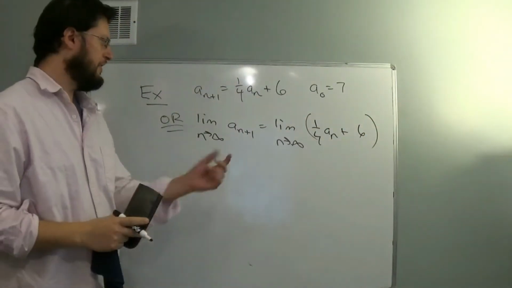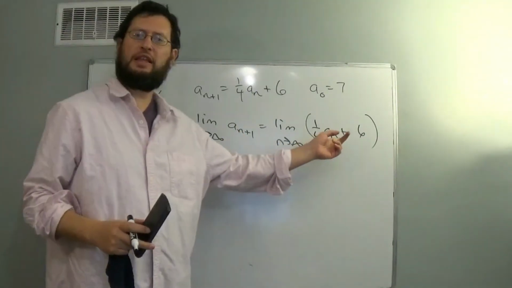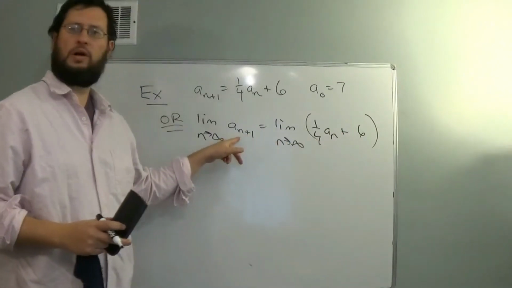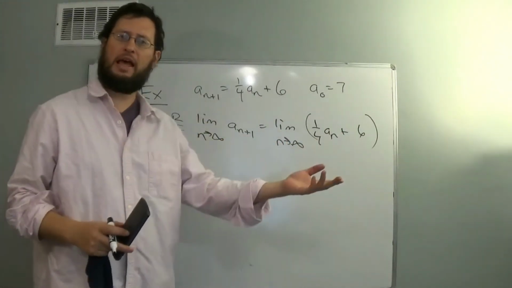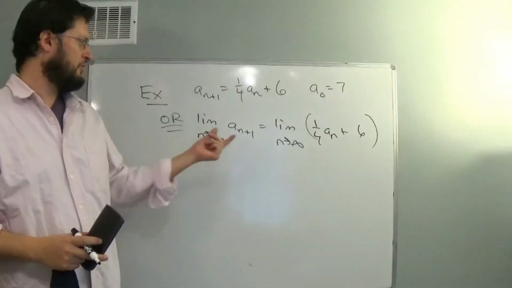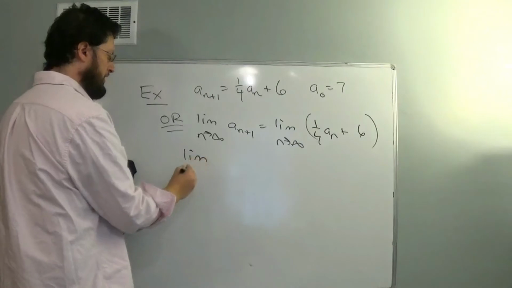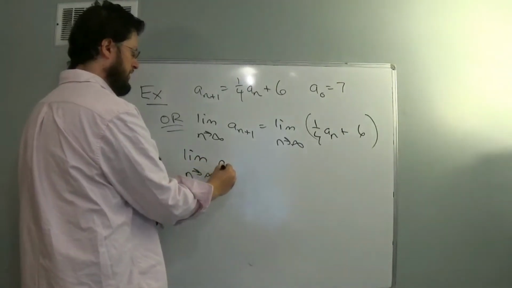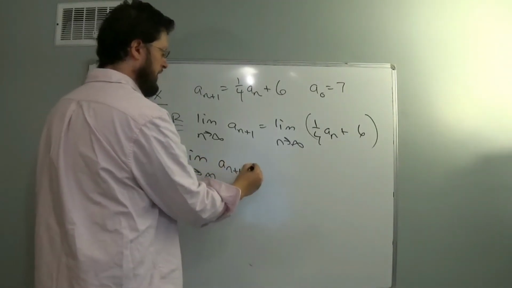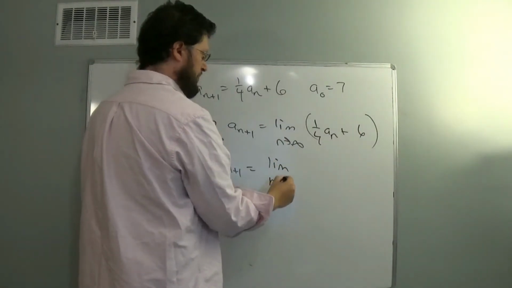The idea here is that the limit of the n plus first terms is the same as the limit of the nth terms. This is just one ahead, it's always one step ahead, but when I take the limit, I'm just getting to the limit in the very end. So these things are exactly the same. First let's just say this. I'm going to distribute this limit, which I'm allowed to do because this is just a sum.